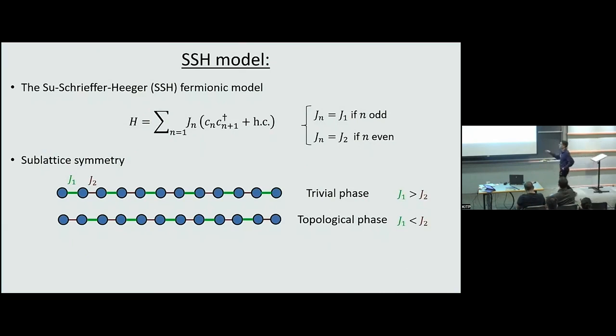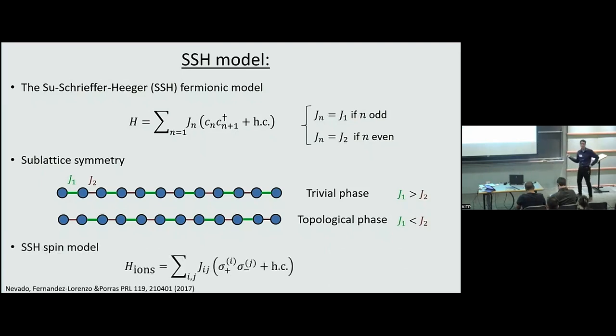Okay, and this type of model features sublattice symmetry and has two different phases in the ground state. One, a trivial phase if J1 is greater than J2, or a topological phase if J1 is smaller than J2, and the topological phase has localized edge states.